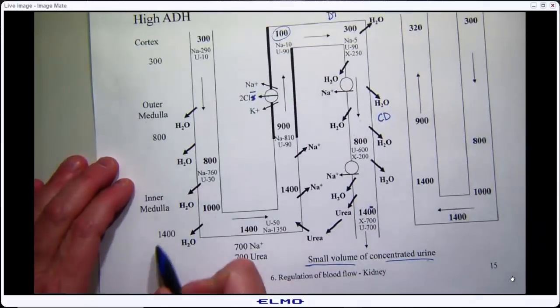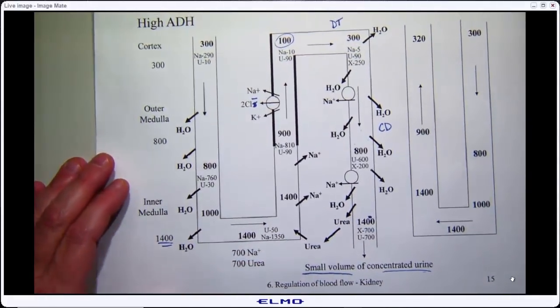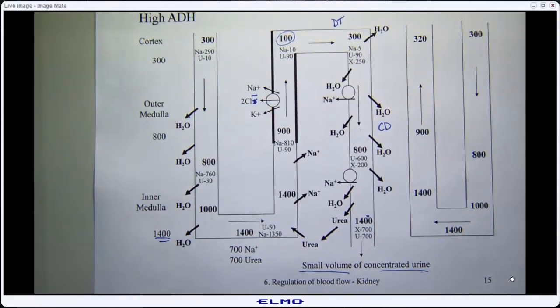But if the highest concentration in your medullary space is 1,400, then the osmolarity of the urine leaving can only be that, ever, right? Because we're driving water based on that. So there's a certain limit to the effectiveness of ADH unless ADH can change the concentration gradient here.